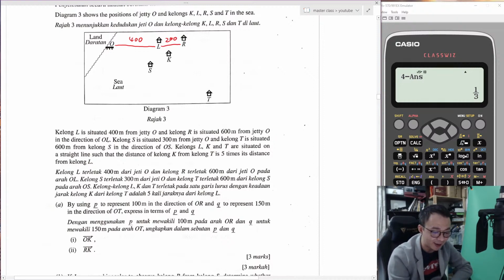Then in the OL direction, I believe they are a straight line, because they're in the OL direction. So Kelong S is situated 300 meters from O, so O to S is 300 meters. Then T is situated 600 meters from S, so here will be another 600 meters.